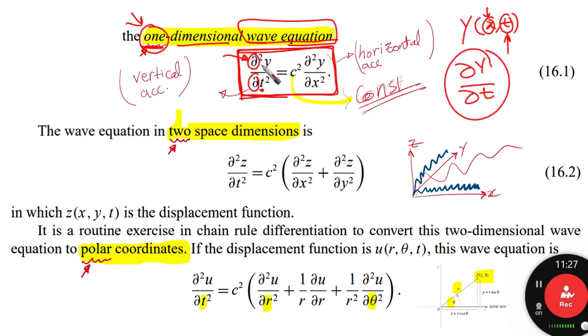So here, the left-hand side is giving us the second derivative of y with respect to time. Can you imagine this? Try to keep this in your mind: partial squared y, partial t squared. Remember that we have the y-axis here and the x-axis here.